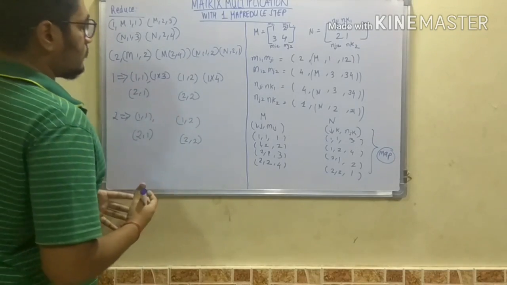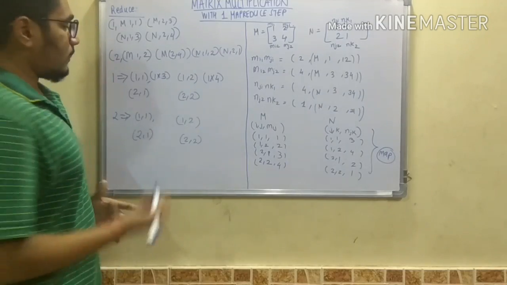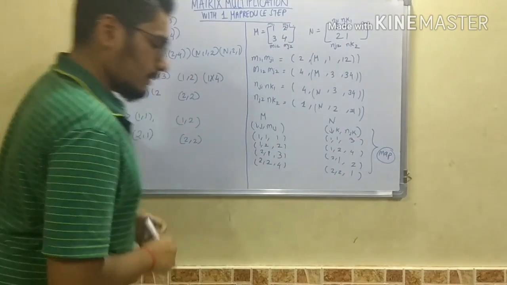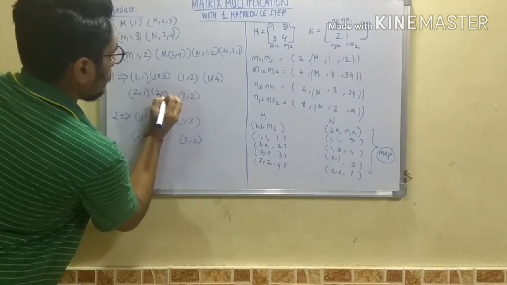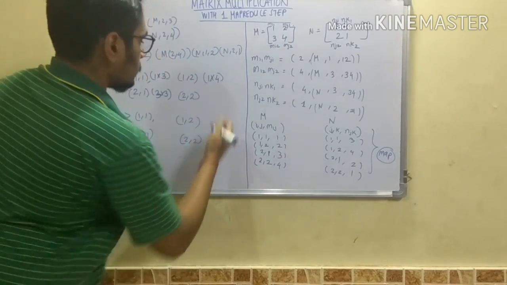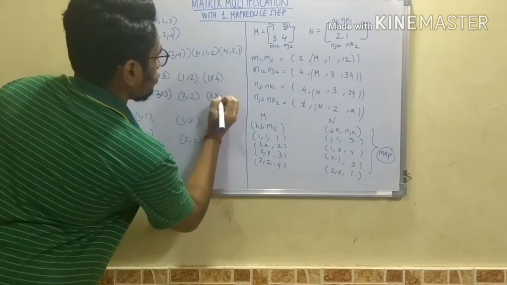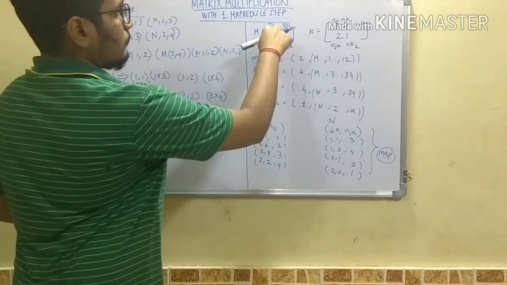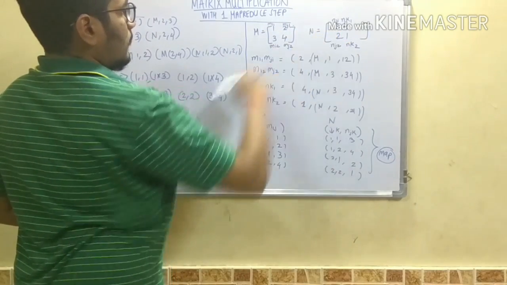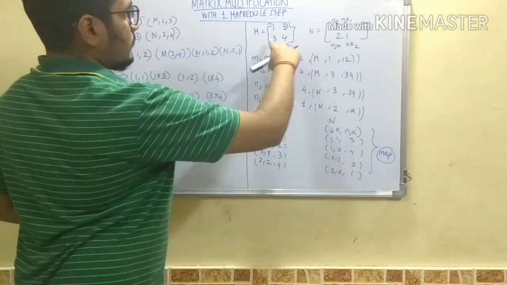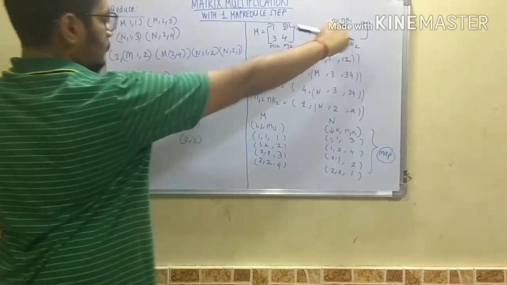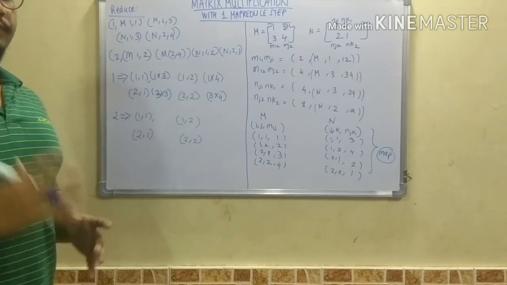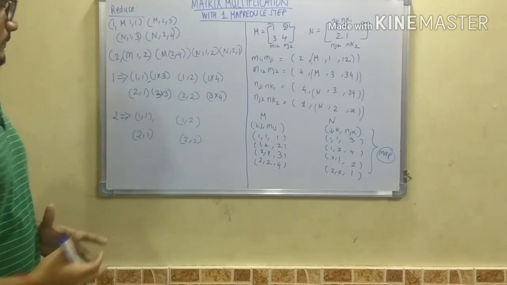Since 1 is over, now we will move on to 2. So it is basically 3 into 3, and for 2 it is 3, 4. So it is simple: 1 into 3 plus 1 into 4 and 3 into 3 plus 3 into 4. So this will yield the columns of the very first matrix, that is the product matrix.